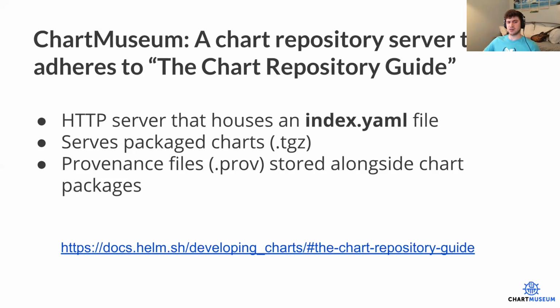I won't get into provenance files because they're not very popularly used, but you can also store provenance files here, which are Helm's way of signing packages and enforcing integrity. You can run helm install with the --verify flag that will fetch this file as well and verify it.